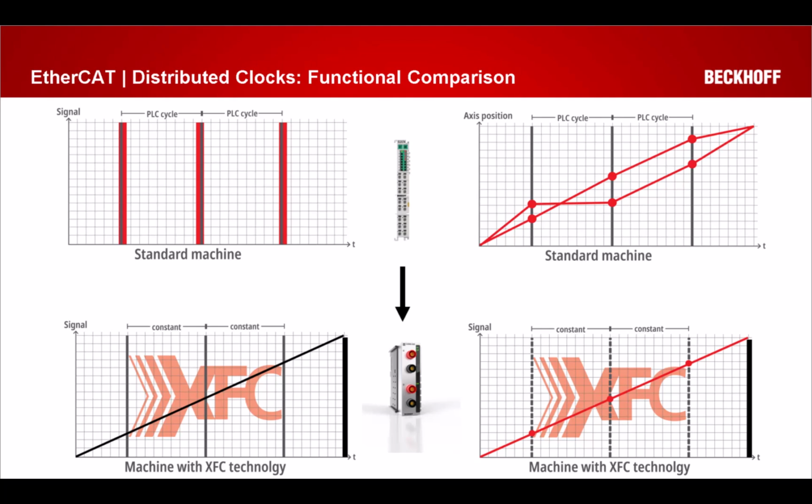You can see that there's quite a bit of variability from cycle to cycle, whereas on the bottom, an implementation with XFC allows a constant measurement between each cycle, resulting in more or less constant, stable control.